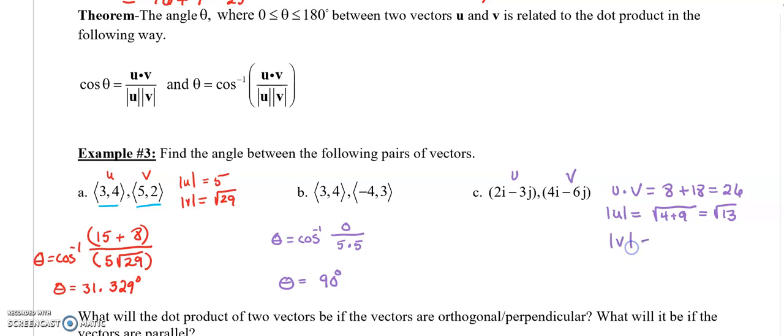The magnitude of v is the square root of 16 plus 36, which is the square root of 52. And so theta equals cosine inverse of 26 over 26. And so cosine inverse of 1 gives me 0 degrees.